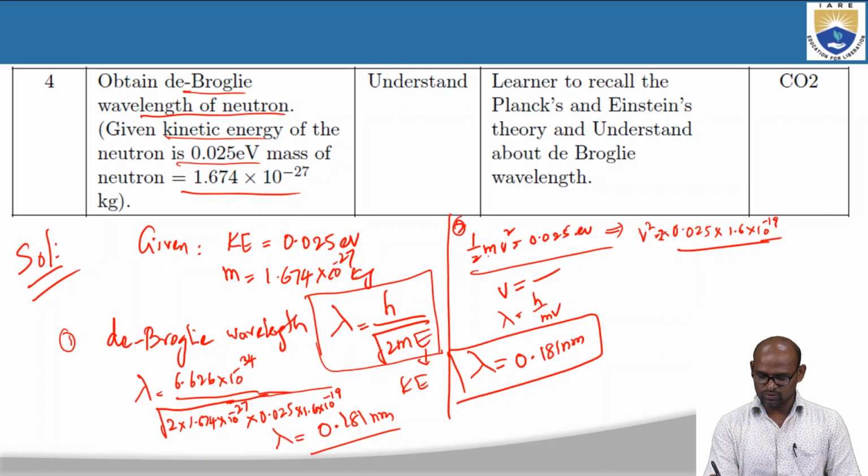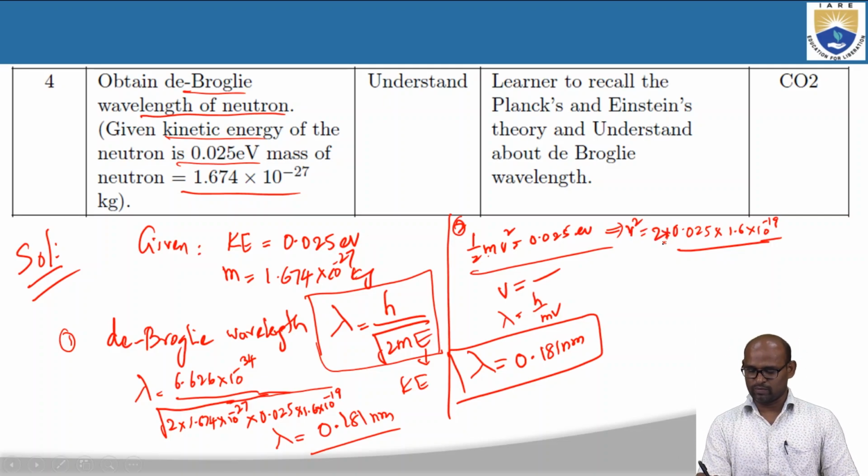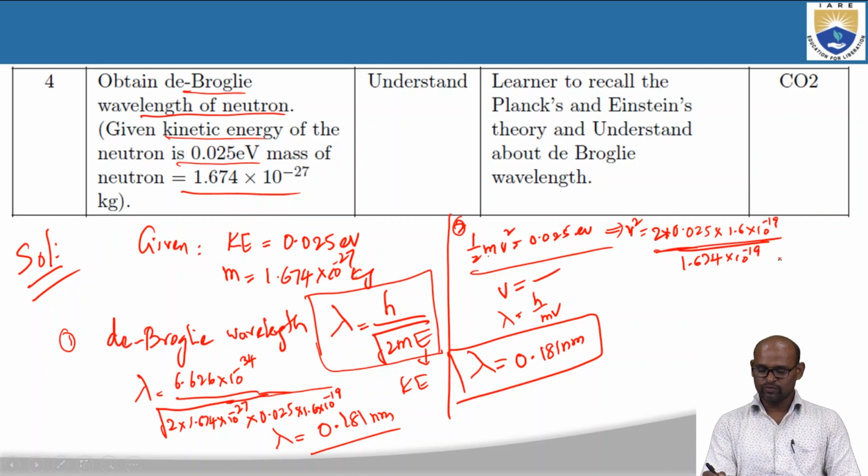Let me write it better. V square is equal to 2 into 0.025 into 1.6 into 10 power minus 19, because it is in electron volts and we write 1 electron volt as this value to get it in meters, divided by m, where m is 1.674 into 10 power minus 27.